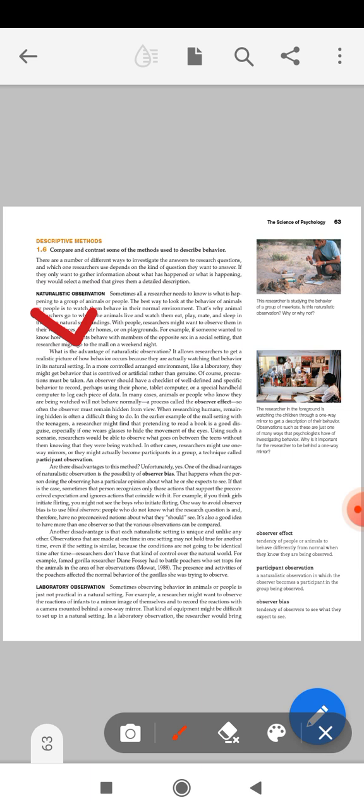I have talked about the advantage of naturalistic observation, and now what is the problem with naturalistic observation? First one is observer bias, about which I had discussed earlier in our previous class, so I'm not going to go into detail of this.